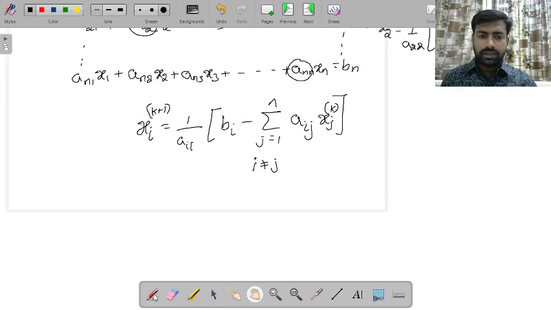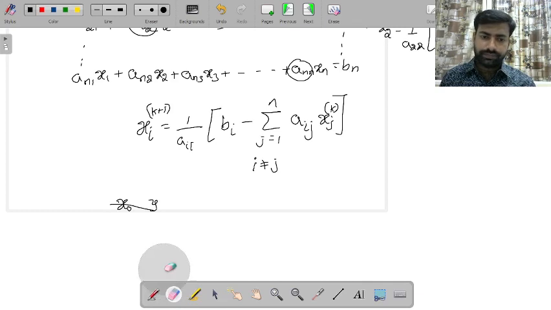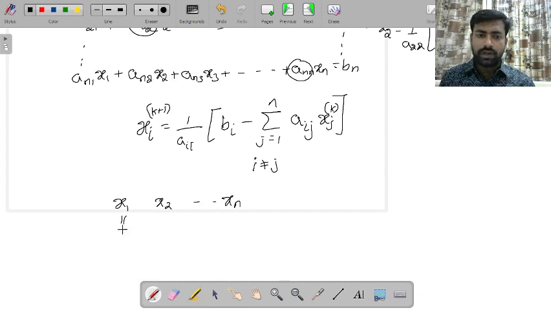Okay, so here first we'll start with initial approximations, that is when k is 0. It means initially we'll take x1, x2 and so on up to xn, we'll take all of them to be equal to 0.